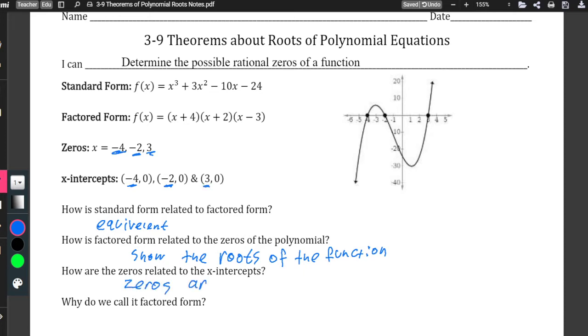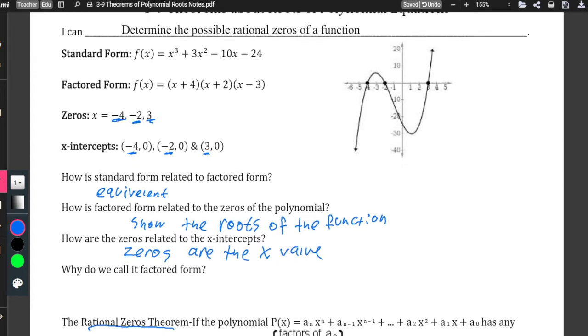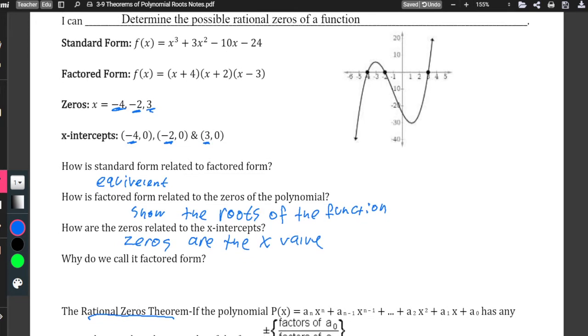And we call it the factored form because, well, it's the factors. If you multiply all these together, you get that form out.